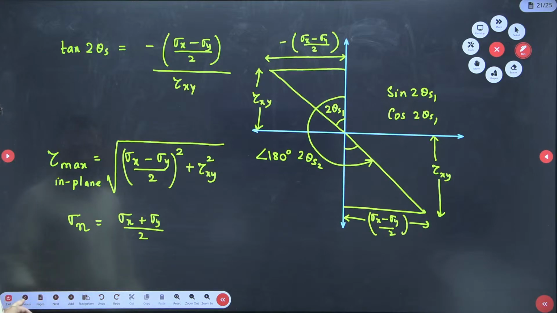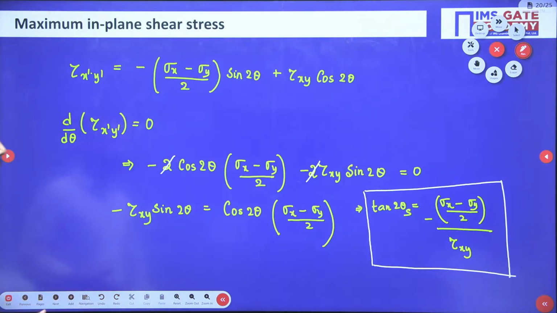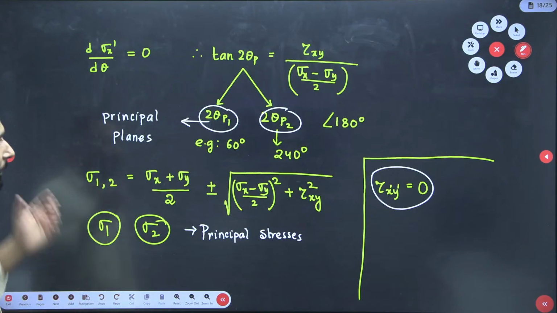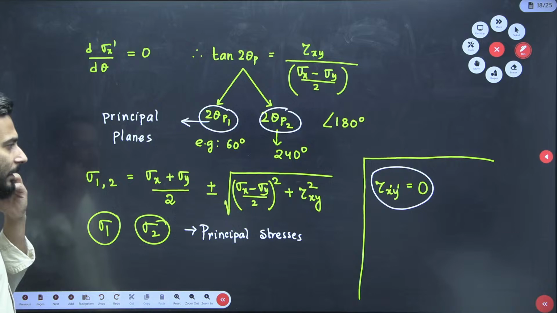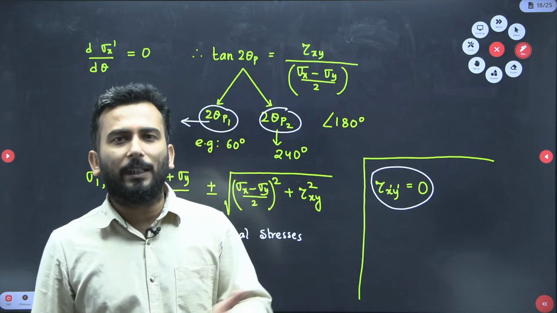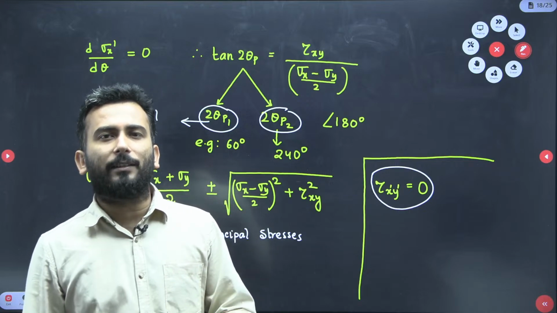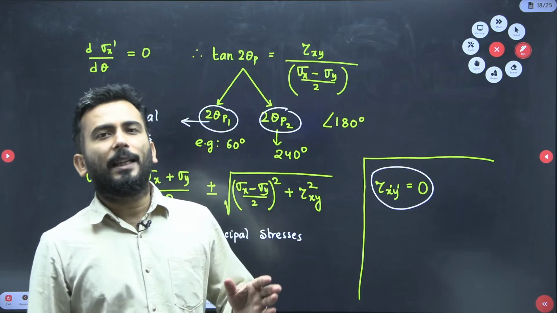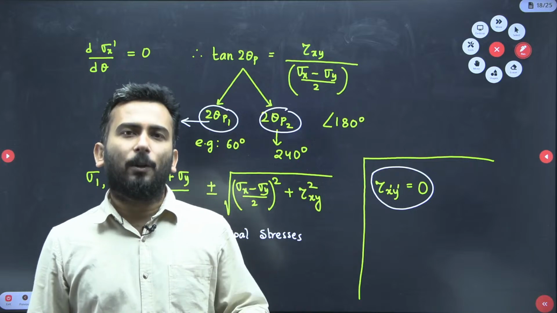So all these things we have discussed, and I have discussed almost everything, nothing is left as far as the analytical methods are concerned. Now from here, separate cases will come out: if it's a case of uniaxial stress, what will be the equations? If it's a case of biaxial stress, what will be the condition?